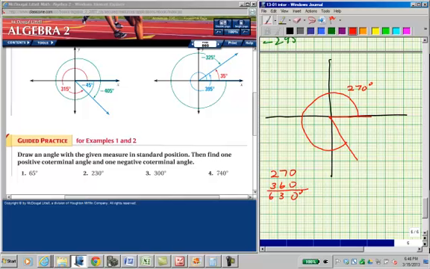Let's make that blue. And so we're going to go 90, 180, 270, 360, 450, 540, and then 630. Oh, that can't be right.